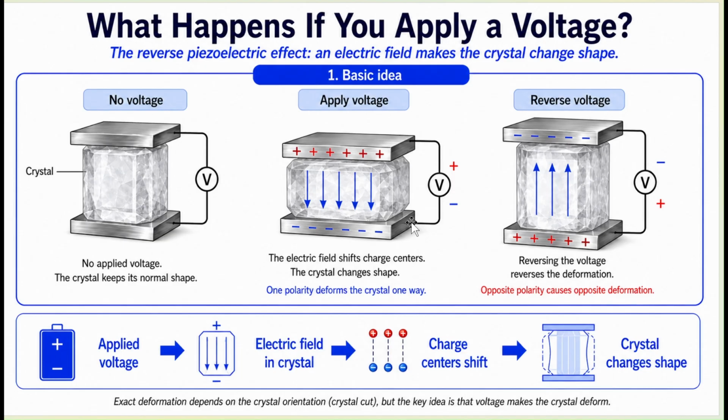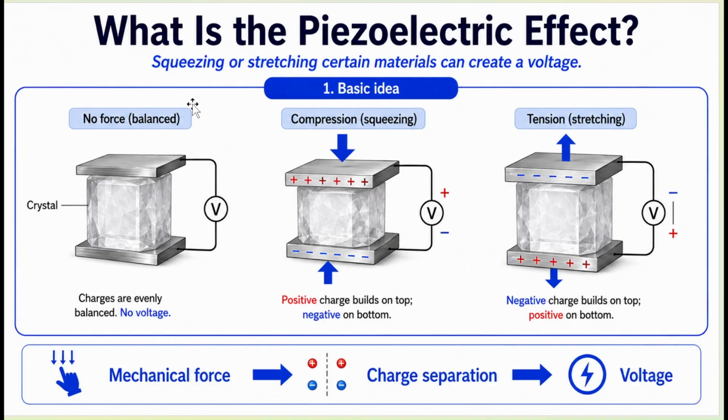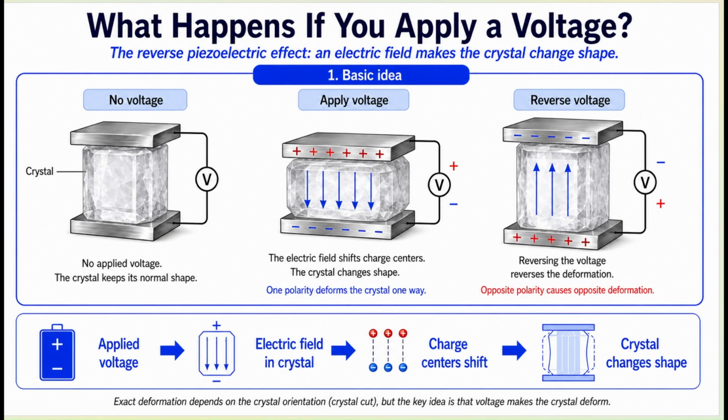So very important to understand. So just to recap, we have the regular piezoelectric effect. If we squeeze the crystal, it creates a voltage, okay? And the second effect is that if we put electricity across the crystal, on the plates, it will also deform the crystal, okay? And changing the electricity, the polarity, will change the shape of the crystal.